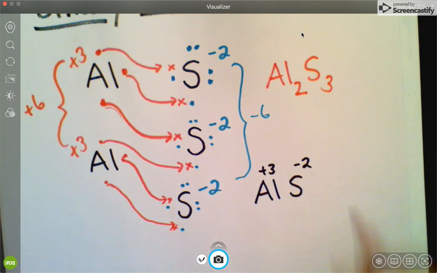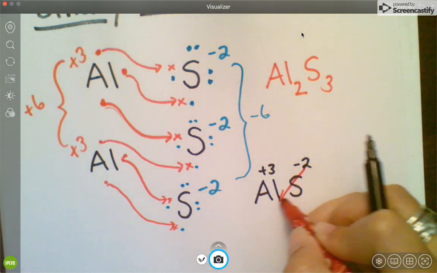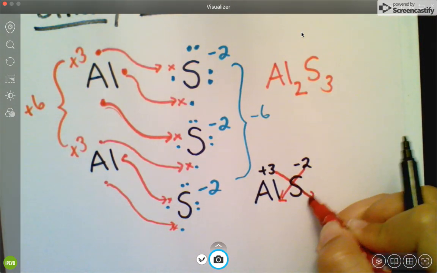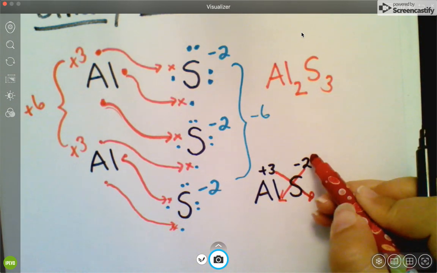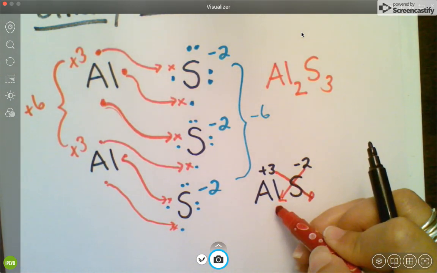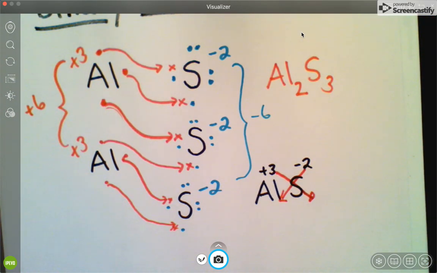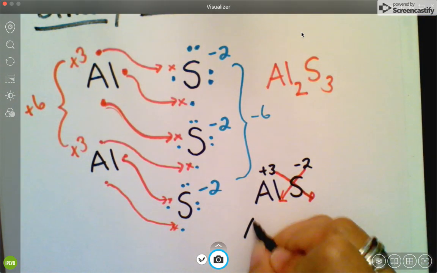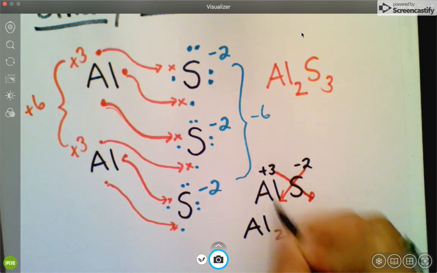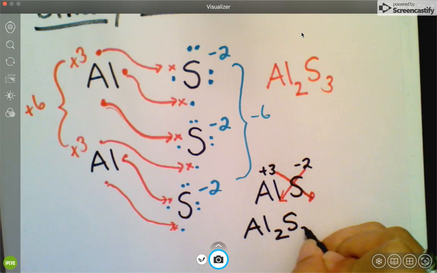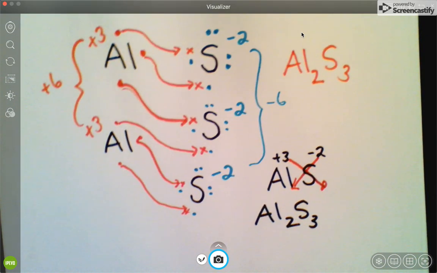We then use those charges and do what's called a crisscross. The charge of the anion becomes a subscript of the cation and vice versa. So when I cross those out, what we end up getting is Al2S3, which is the same as what we have above.